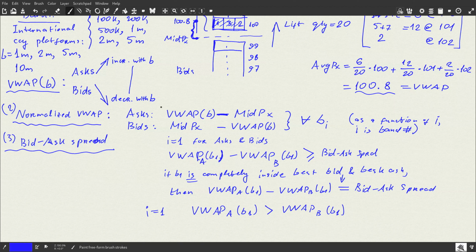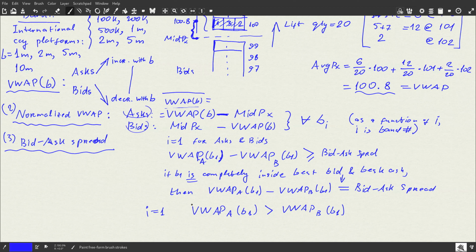By normalized VWAP, let's denote it by a bar. So normalized VWAP is VWAP minus mid price, or mid price minus VWAP if on the opposite side.